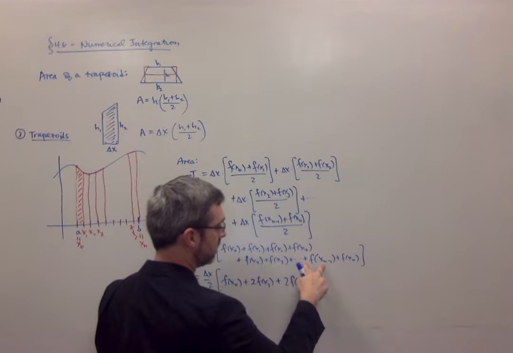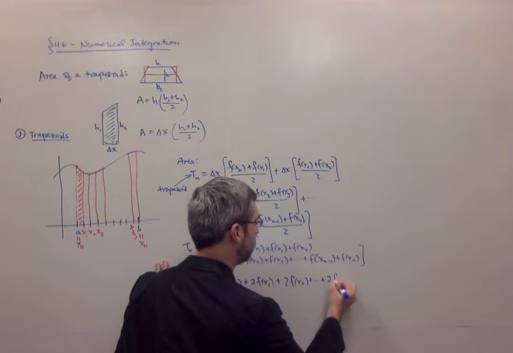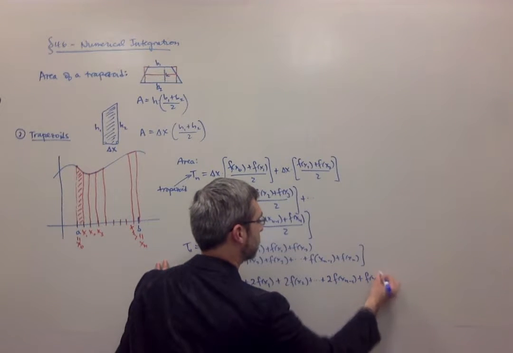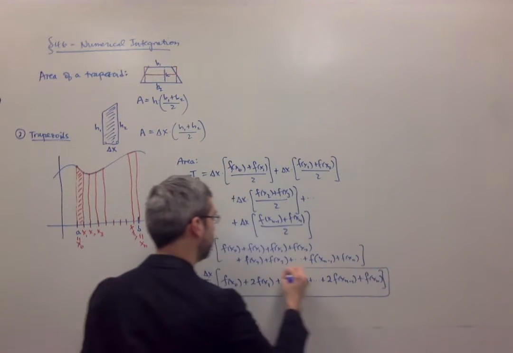There's going to be one here and one here, just like everything that was going on here. So we've got two copies of f of x sub n minus 1, and then one copy of the last one. So this is our formula for the trapezoid rule.